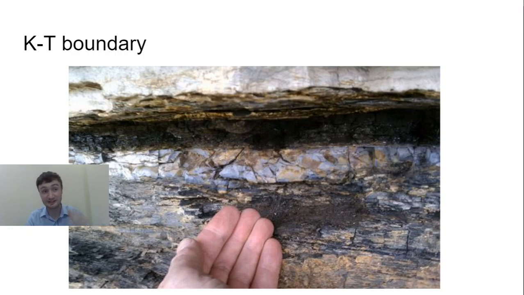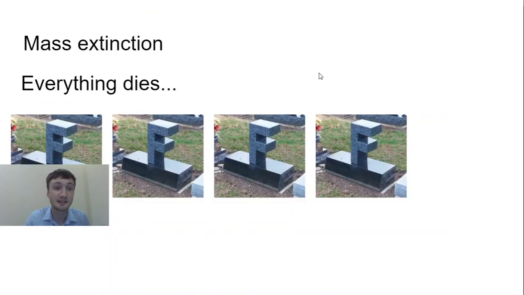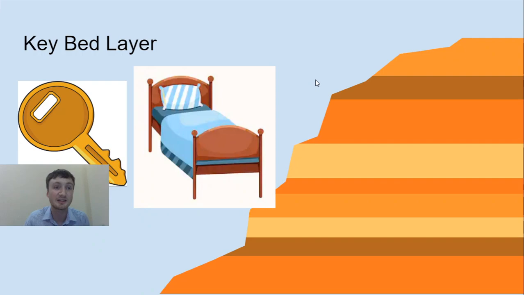So we have a name for this layer. We call it the KT boundary. You don't need to worry about what that means, but just learn the KT boundary. So the KT boundary is, let's go back, a key bed layer.